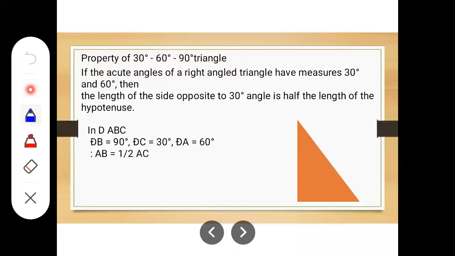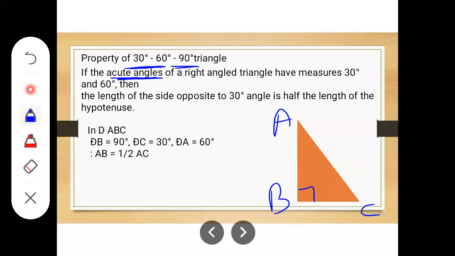See the given triangle ABC here. As one of the angles is 90 degrees, here angle B, it is a right angle triangle. Now in a right angle triangle, the rest of the angles are less than 90, so those are called acute angles.